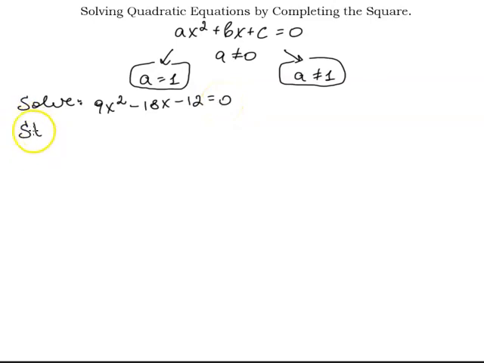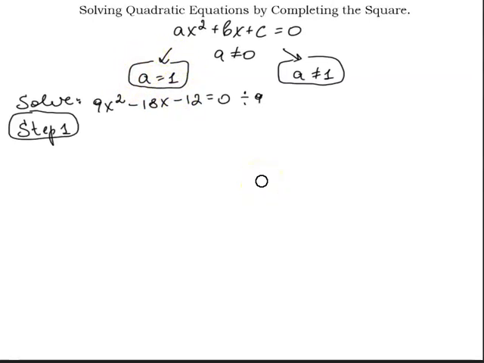In step 1, you will need to divide the whole equation by the leading coefficient. When you do that, in our case it's the number 9, your leading coefficient will turn into 1, and then you'll follow the steps we already went over, but I'll explain it to you again.